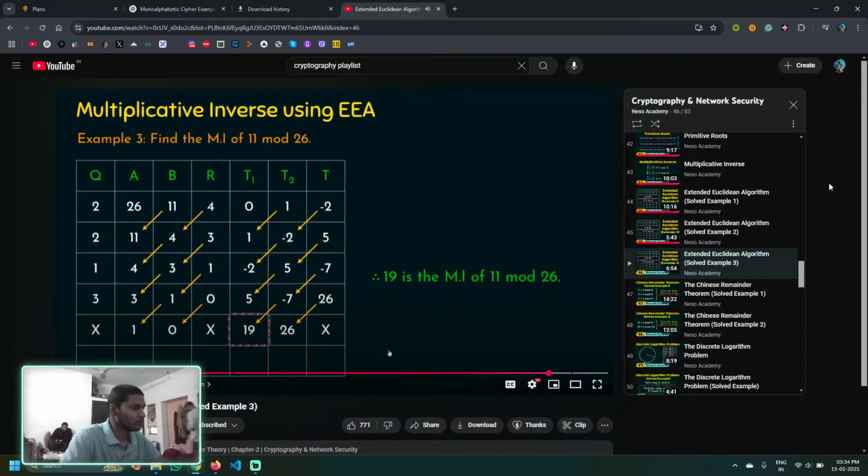So that's what I mentioned as 11 and 26 must be relatively prime. Only then there exists a multiplicative inverse. So when you work with this algorithm, please ensure that the GCD of these two numbers given in the question is 1. In other words, they should be relatively prime to each other.